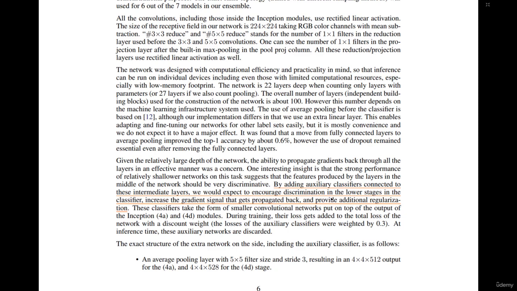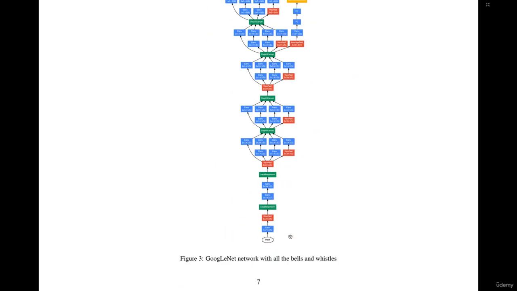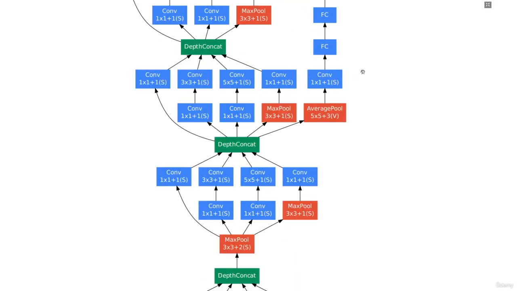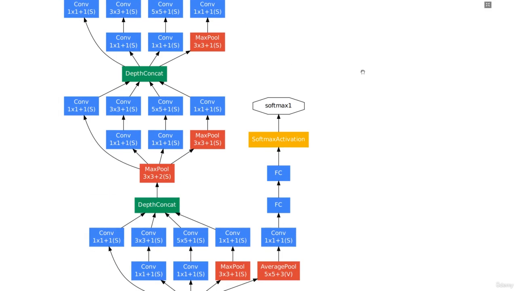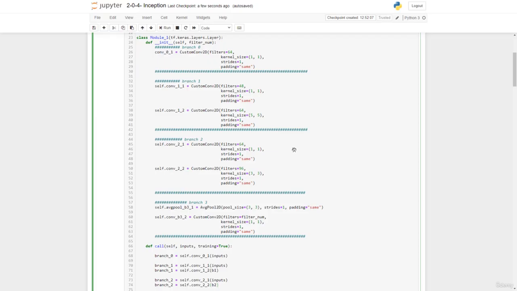We would expect to encourage discrimination in the lower stages in the classifier, hence they increase the gradient signal that gets back propagated and provide additional regularization. So the aim of this auxiliary layer is regularization. So these two layers are added for regularization.